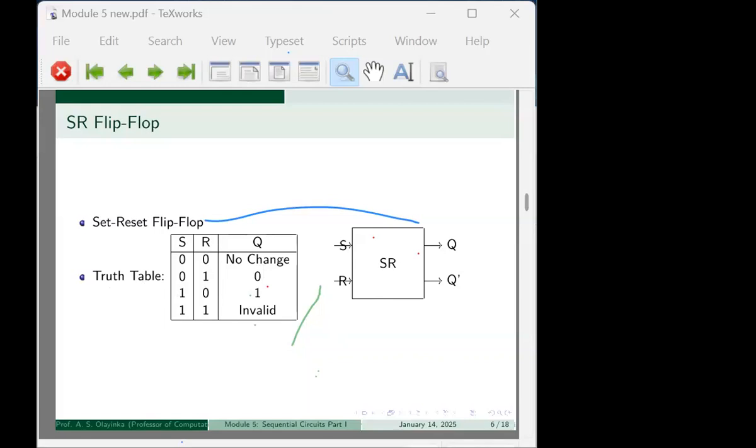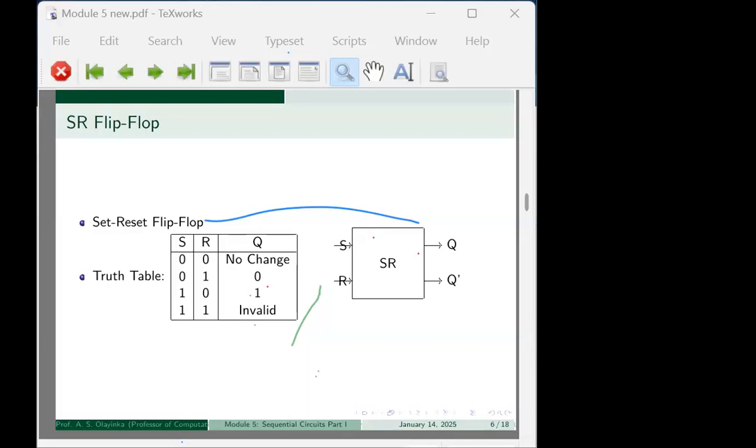There is no change. Usually some call it an invalid output. When you have 0, 0, the state is not valid, so nothing will show.